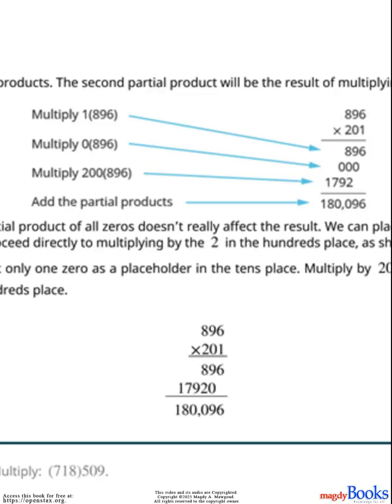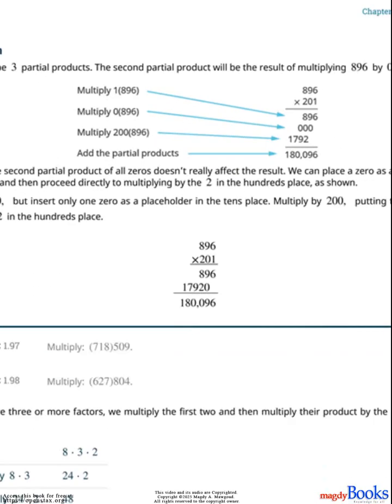Multiply 1(896) equals 896. Multiply 0(896) equals 000. Multiply 2(896) equals 1792. Add the partial products, equals 180,096.